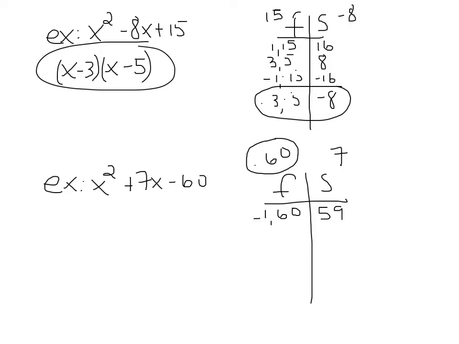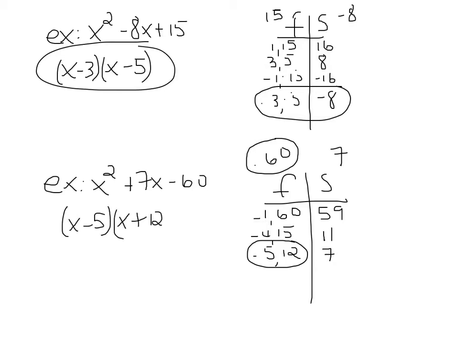So let's maybe skip negative 2 and 30 and negative 3 and 20, maybe negative 4 times 15. Those multiply to negative 60 and add to 11. How about negative 5 times 12? Those add up to 7, and that's what we're looking for. So the problem factors into x minus 5 times x plus 12.